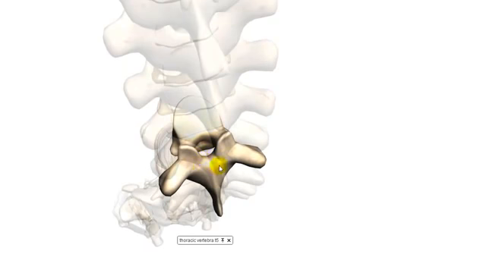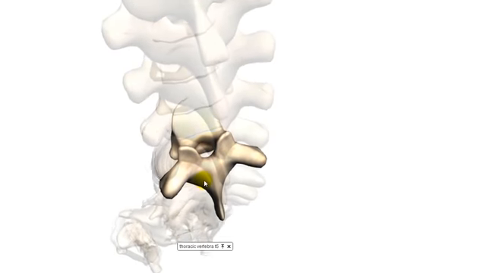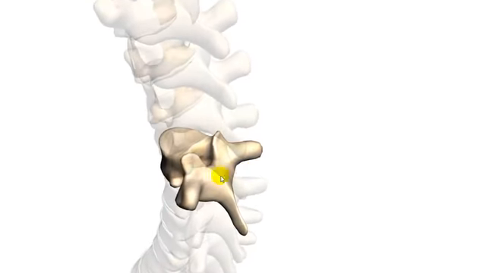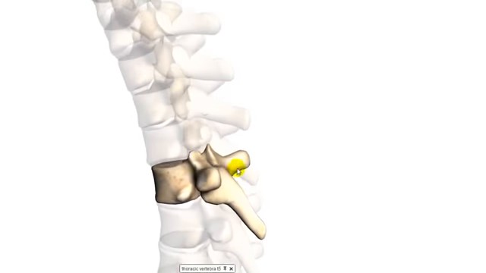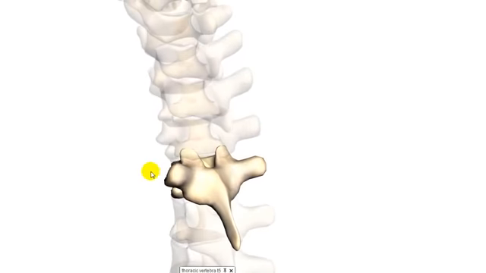and the lamina, and then attached to the neural arch you have the transverse processes, and then you've got the superior articular processes and the inferior articular processes, and you have those on both sides, so there and there.